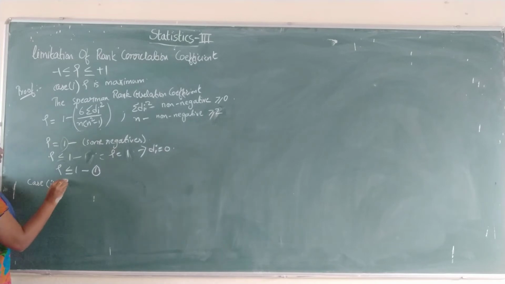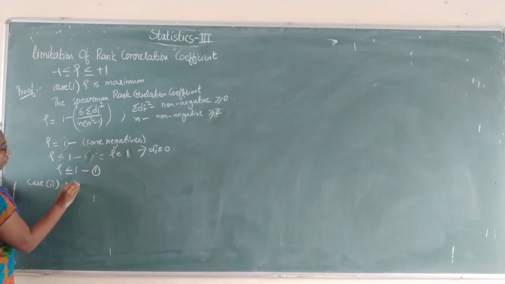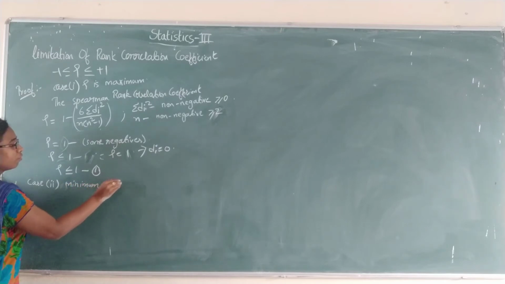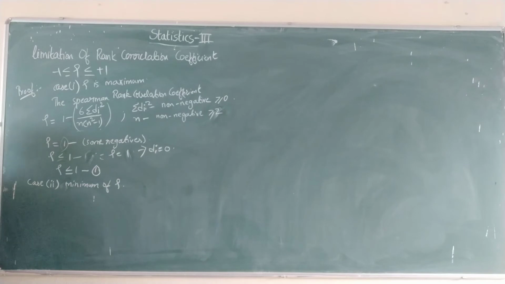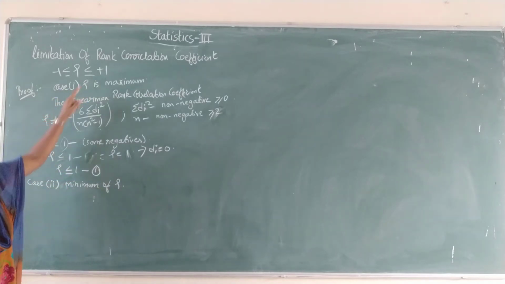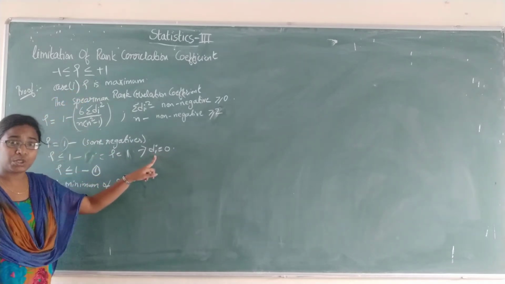Coming to case 2, we need to get the minimum value of rho, that is the lower limit. We got the maximum, the upper limit. Here we said that rho will be maximum if di equals 0.